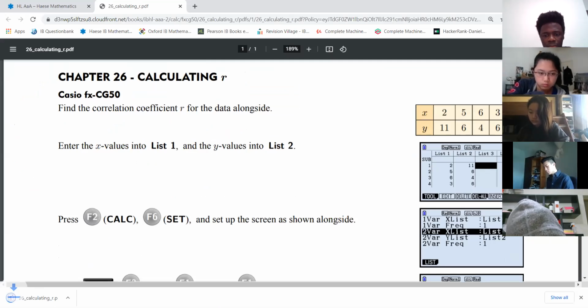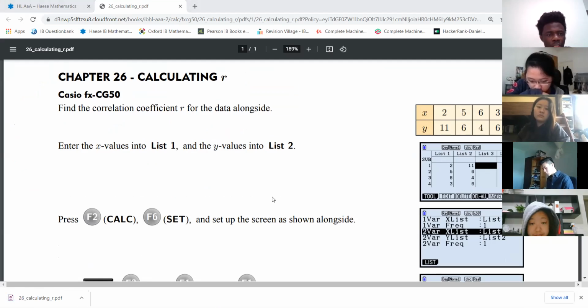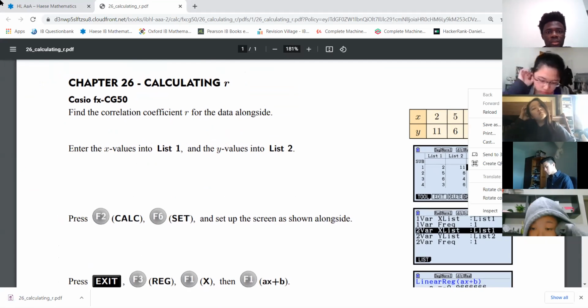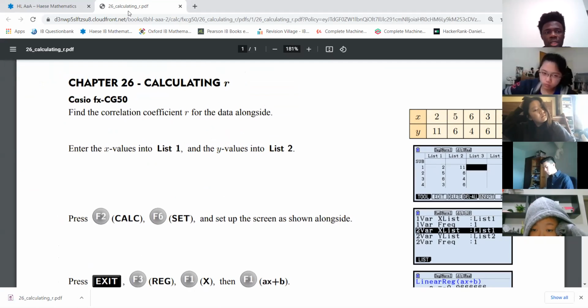Regression. Nice, nice. So if you check our group, so I send a PDF calculating R. For those that will not mind a screenshot, I will also send a screenshot.